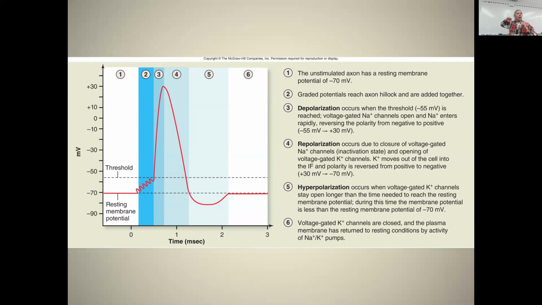So you're going to need more depolarization, more EPSPs going off, to fire another action potential at this time, because you're farther away from threshold.